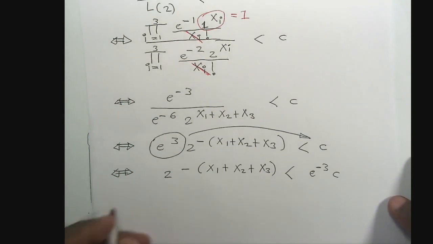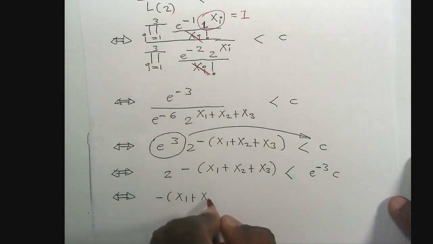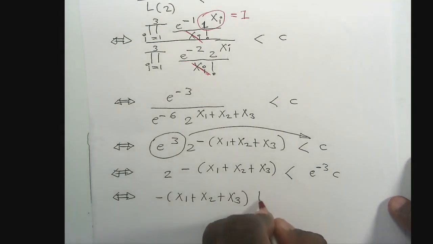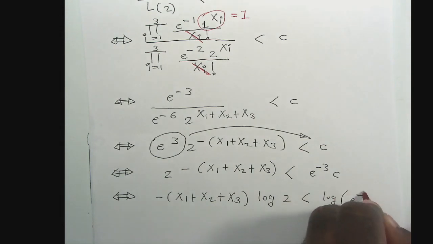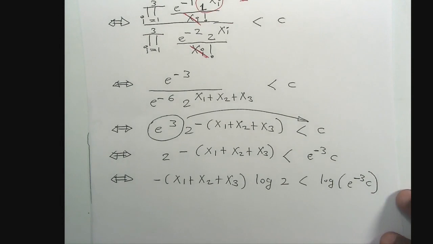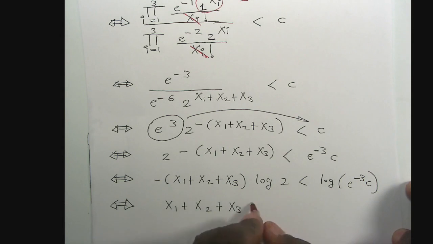In the next step, I'm going to take the logs of the left and the right hand side, so it becomes this. And finally, I'm going to divide both sides by minus log of 2. Remember, when you divide an inequality by a negative number, you need to change the sign of the inequality, right? So when I divide by minus log of 2, which is a negative number, the less than will become greater than, right?